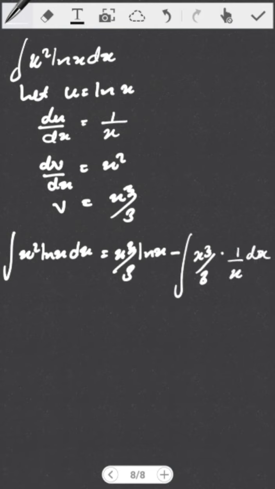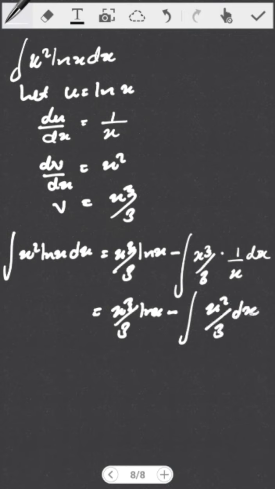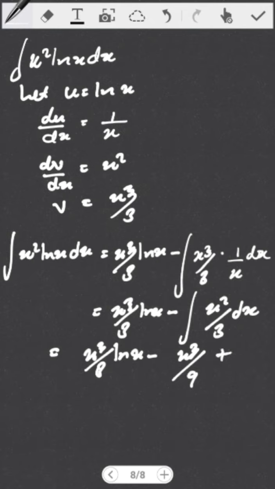Therefore this is equal to x cubed over 3 ln of x minus the integral of x squared over 3 dx. So this is equal to x cubed over 3 ln of x minus x to the power 3 over 9 plus an arbitrary constant.